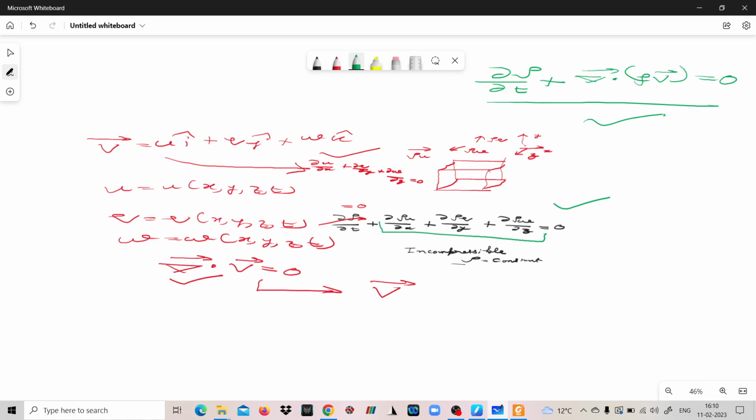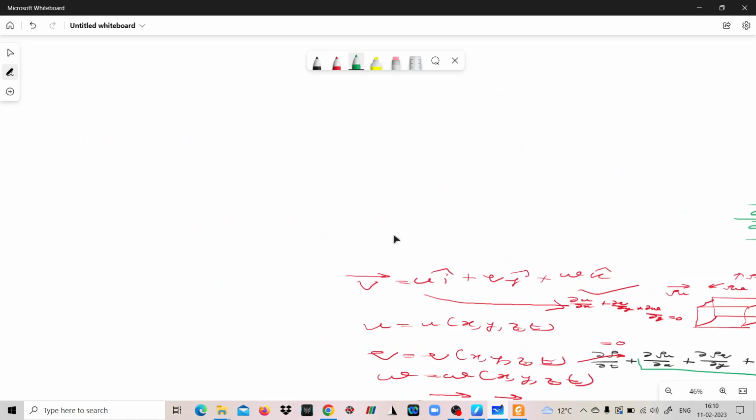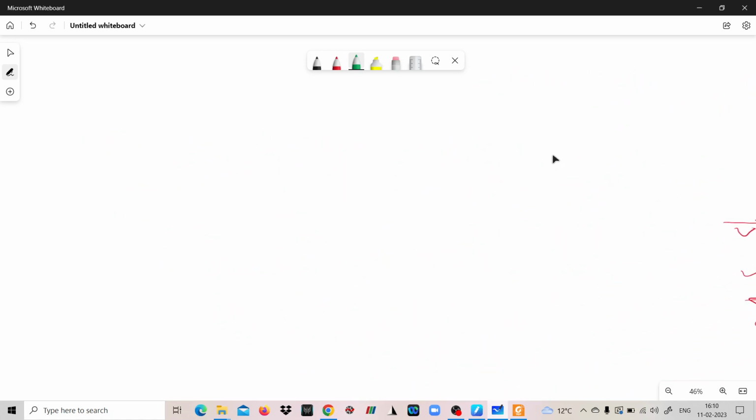Another form in which you can write this equation: the general equation is del rho by del t plus del rho u by del x plus del rho v by del y plus del rho w by del z is equal to 0.